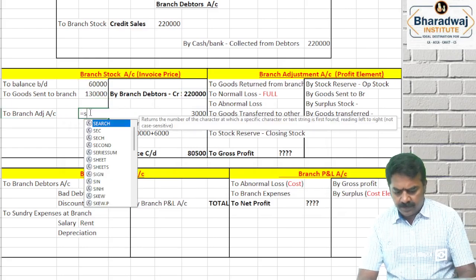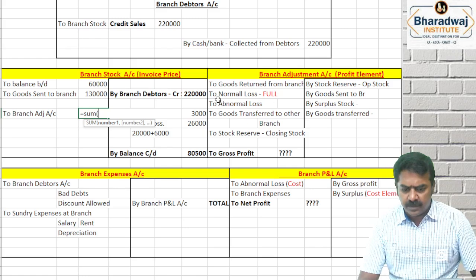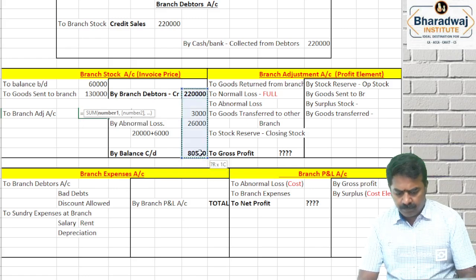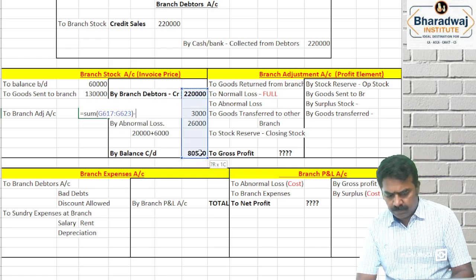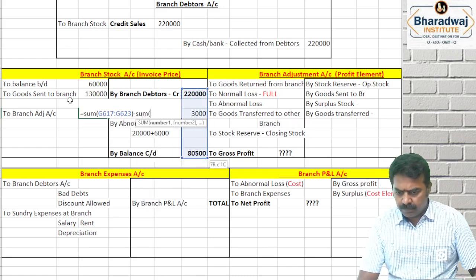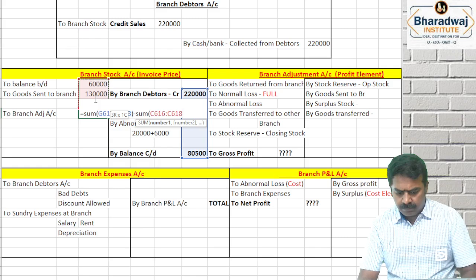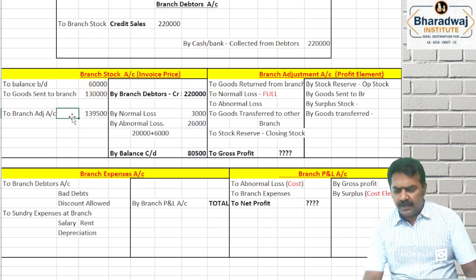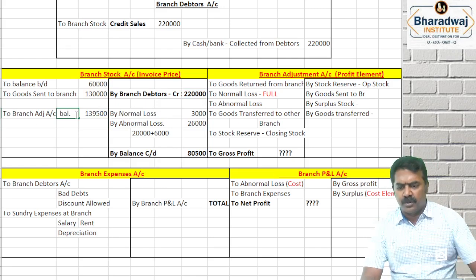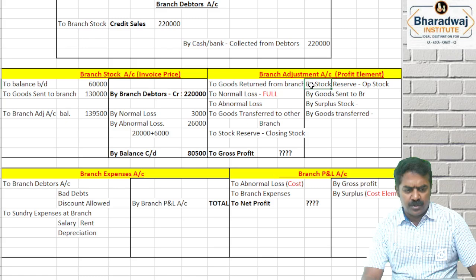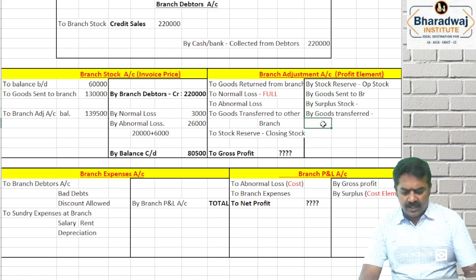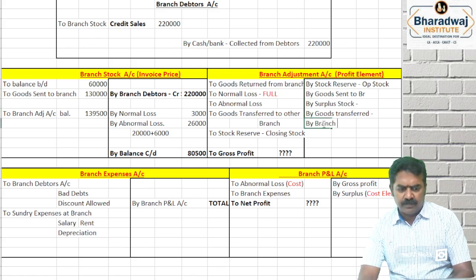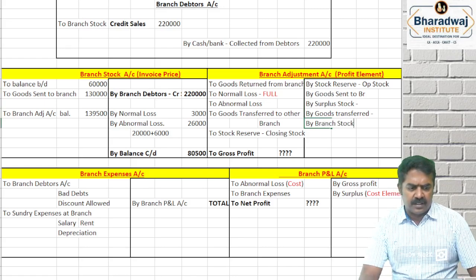How much surplus? Work out and tell me how much surplus. 1,39,500. The balancing figure can be transferred to which account? Branch adjustment account. Usually we can transfer like by branch stock, like surplus in stock money we can transfer.